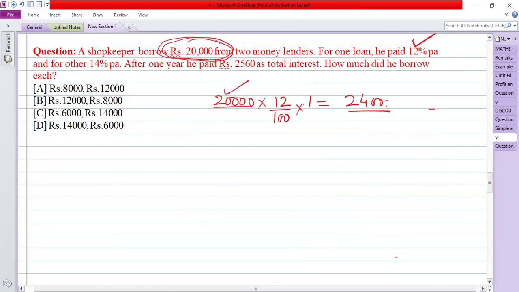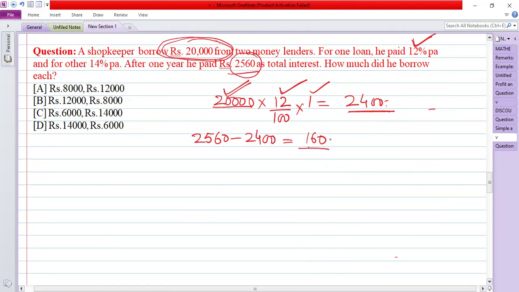Means if it is invested at 12% rate, then for 1 year it will give us this much simple interest. So now what is the difference? What was the actual interest? It is 2,560. Means the difference between 2,560 and 2,400 is obviously nothing but 160.